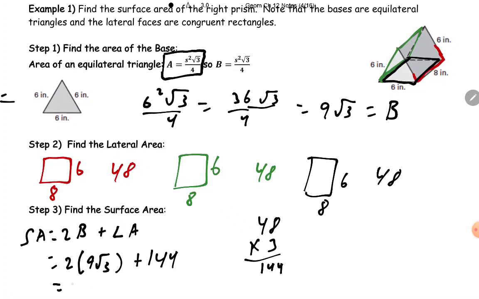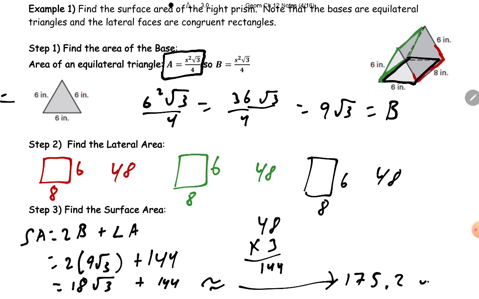So this will be 18 root 3 plus 144, and our surface area will be 175.2 square units.